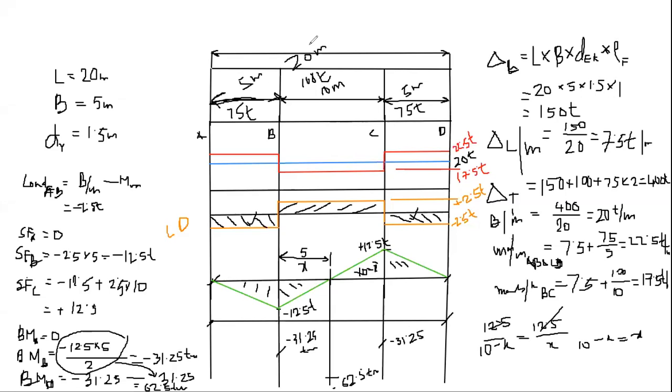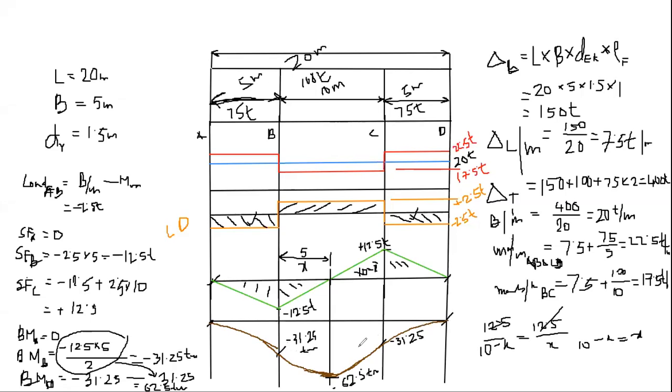Now we can construct this bending moment diagram. You draw a smooth curve through all these points. So it will be a curve like this. Once you draw this curve, you know what is the maximum value.